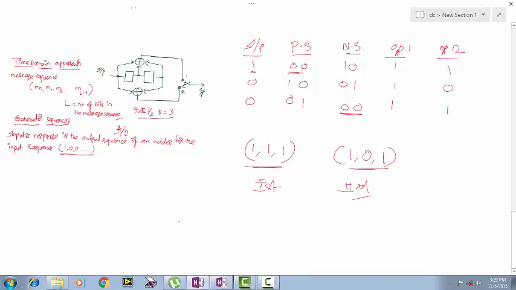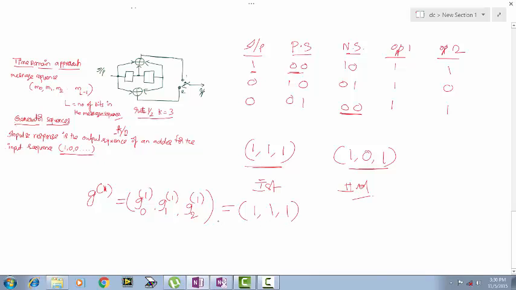The generator sequence is denoted by G. The first generator sequence is G of 1, because this corresponds to the first output. So G of 1 is equal to G naught of 1, G1 of 1, G2 of 1, which is nothing but 1, 1, 1.